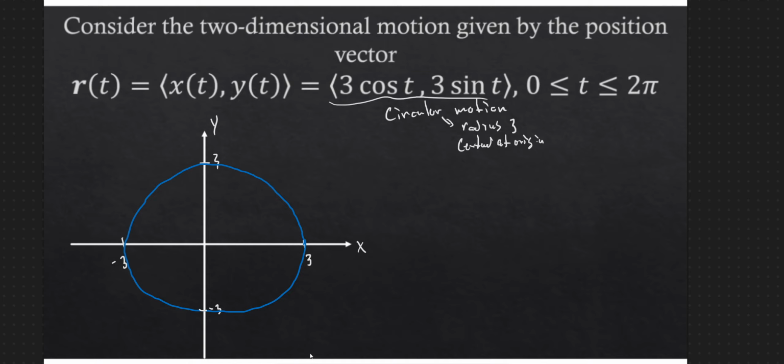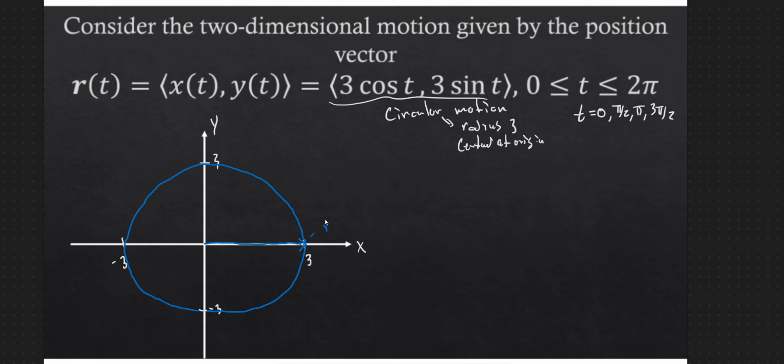Let's see. We know that at various time values, I want to plot a few different time values here. Let's do t equals 0, t equals pi over 2, t equals pi, and how about t equals 3 pi over 2? I just want to plot those. So position at t equals 0 should be 3, 0, plugging in 0 for t. I'm going to go ahead and plot that in blue. So my blue is like my position.